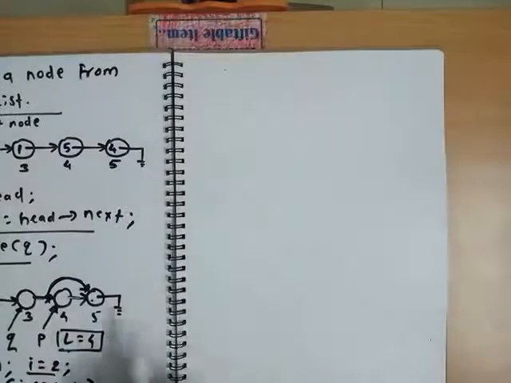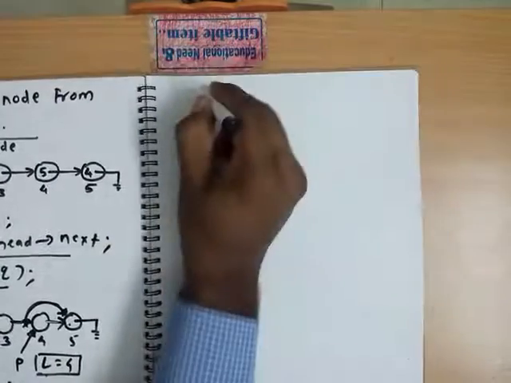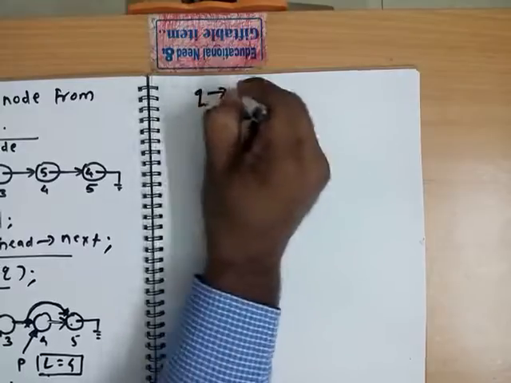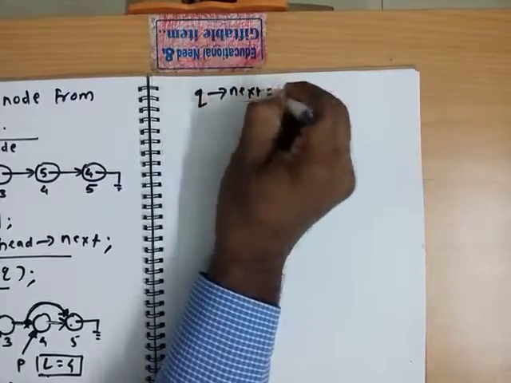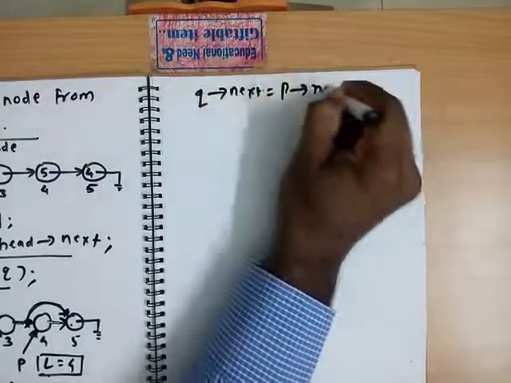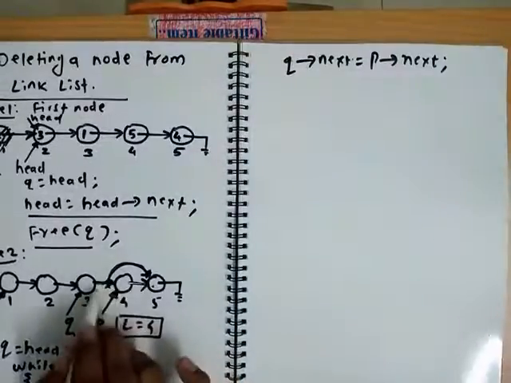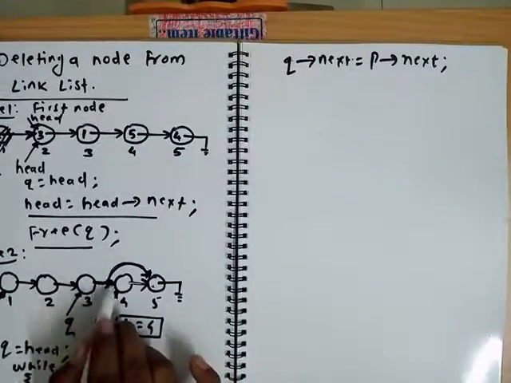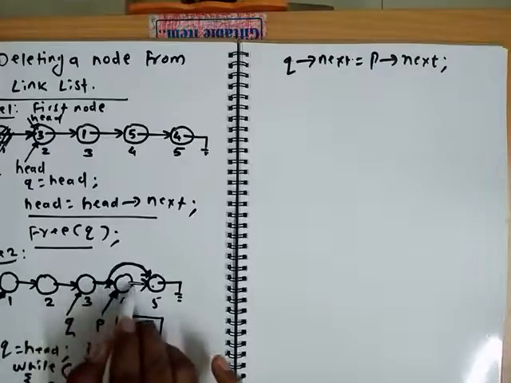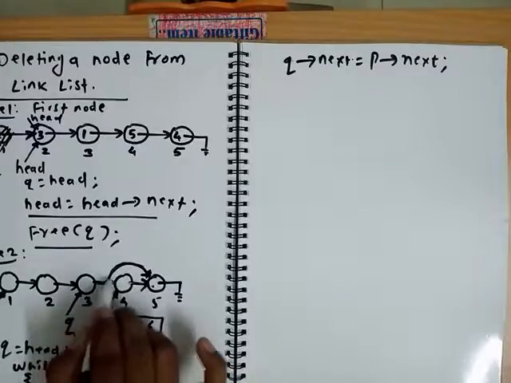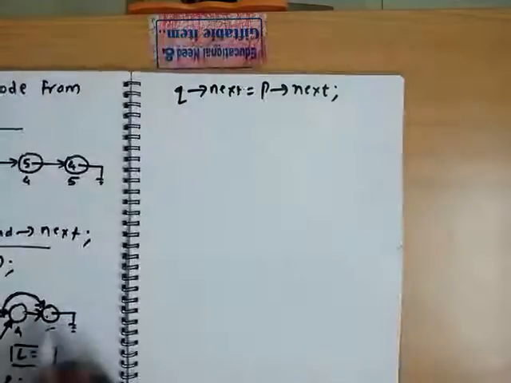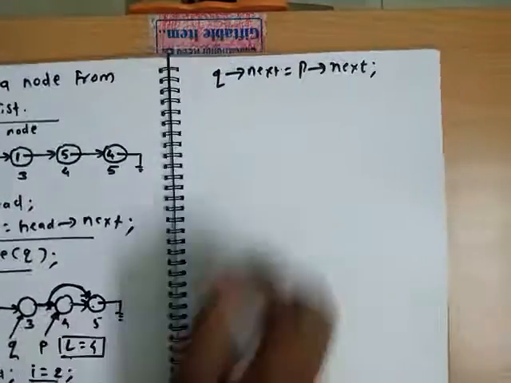I'll write the code here: Q next equal to P next. Because of this, a link will be created. Q next, which was earlier pointing here, now will point where P next is pointing. P next is pointing here, so Q next will point here. And then I'll simply say free P.